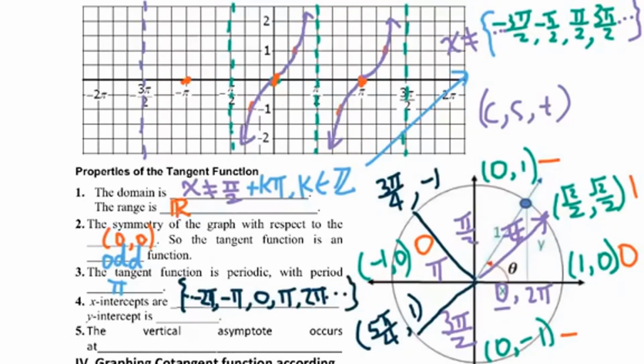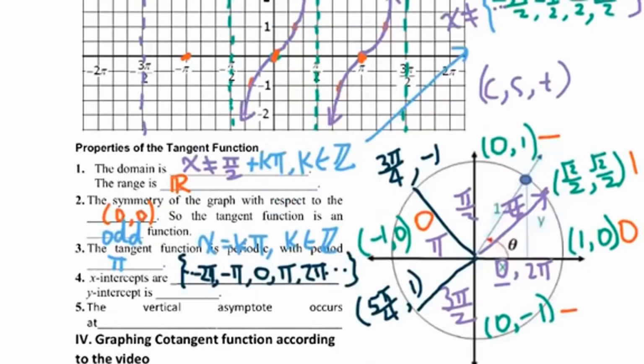Or you can write that the x-intercept will be pi times k, or k times pi, where k is all integers. Either way will be okay. For the y-intercept, that will be 0, 0.